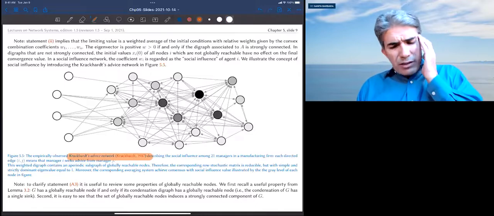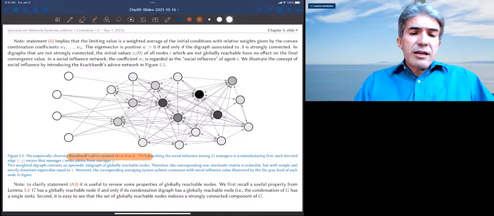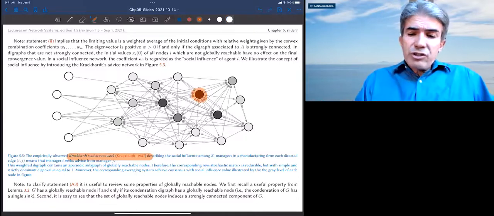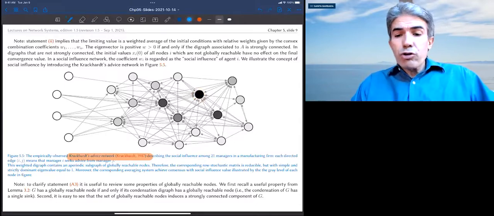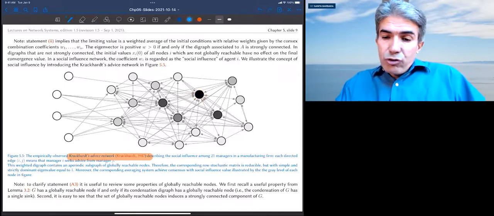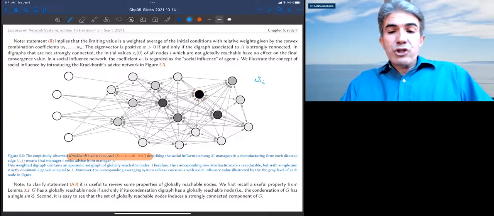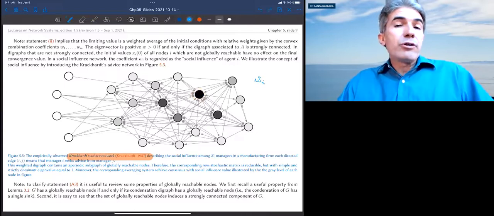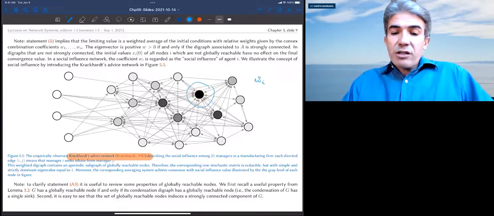One of the points that I'm trying to make in this picture is that some nodes are different from others. In this picture, the gray level of the nodes is proportional to Wi, which is the entry of the W vector, the left dominant eigenvector. So this node is very dark.